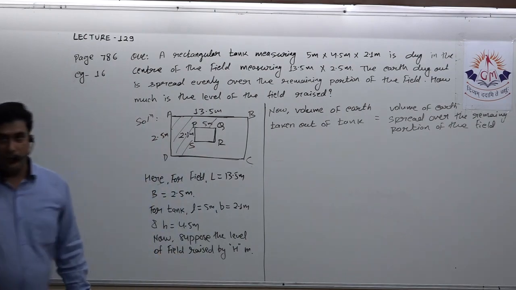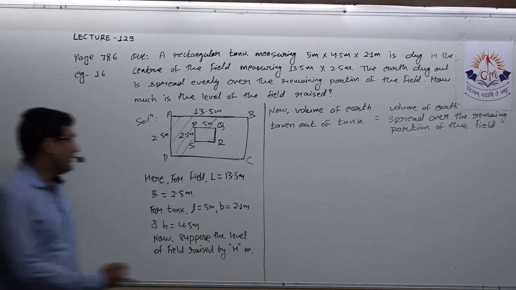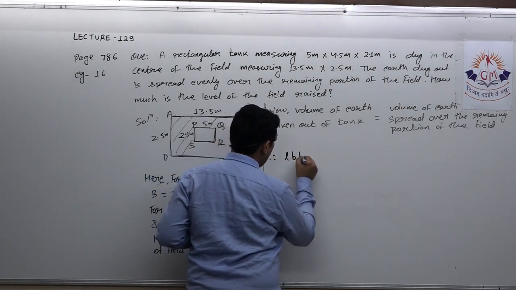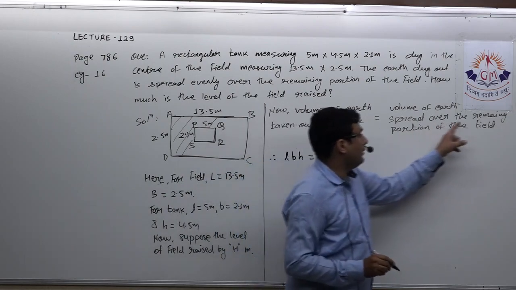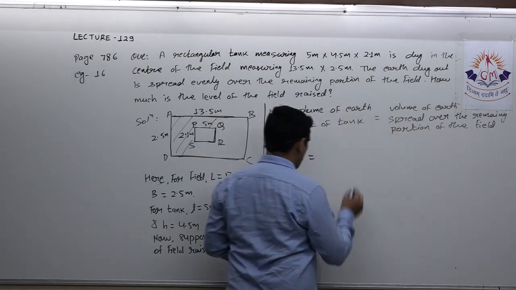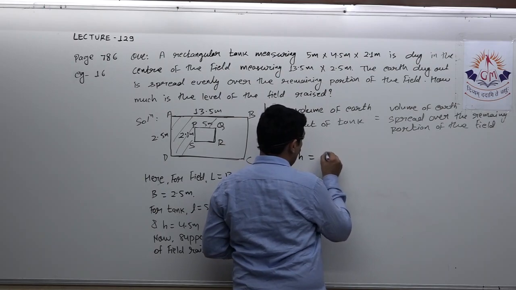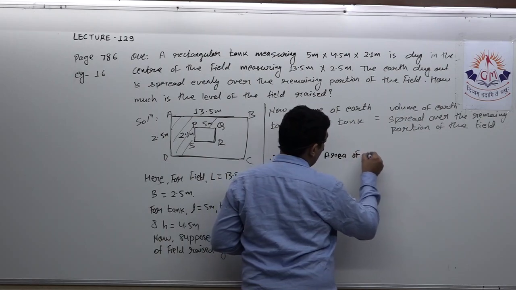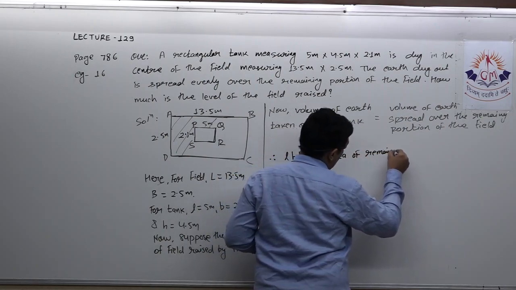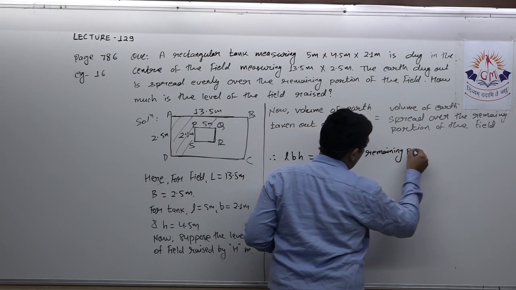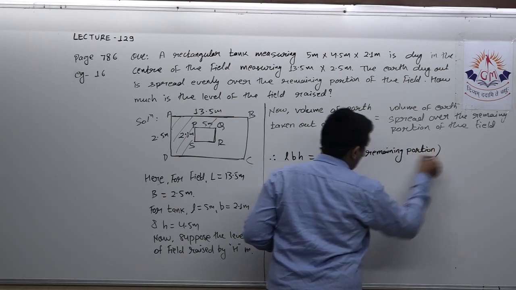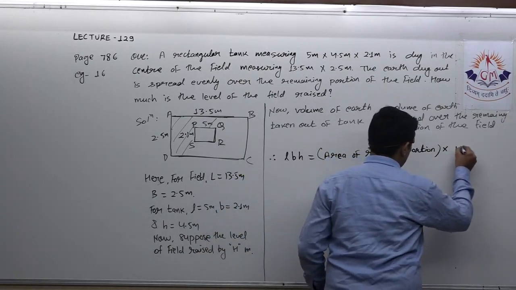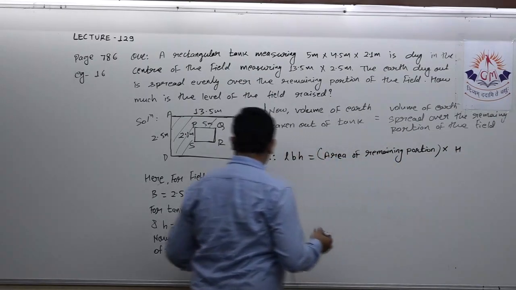So now I can say the volume of earth taken out from the tank is LBH. Now the volume of earth spread over the remaining portion is the area of the remaining portion multiplied by capital H, the level raised.